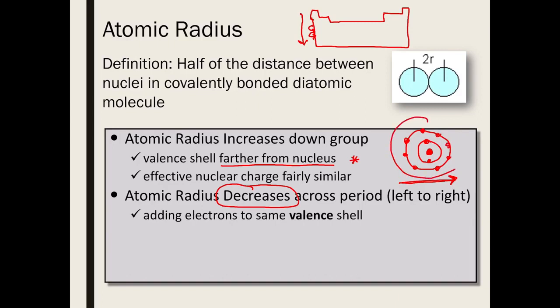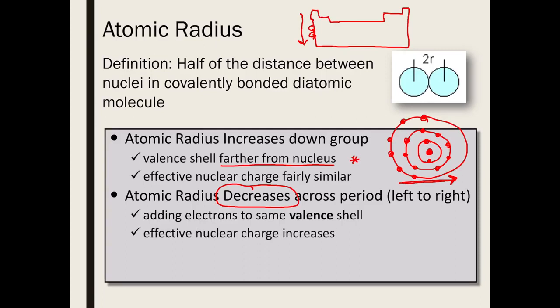Let's say we're in the third energy level somewhere. As we start adding electrons to this energy level, as we're going across the third period, we're adding more and more electrons to this same energy level. And while we're doing that, we are adding more and more protons to the nucleus.